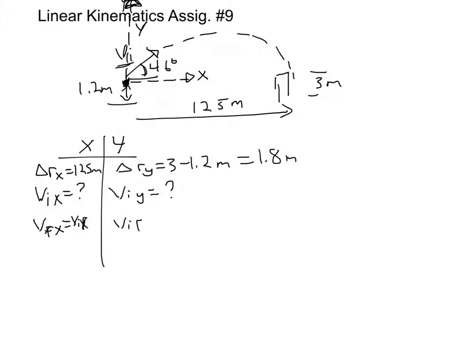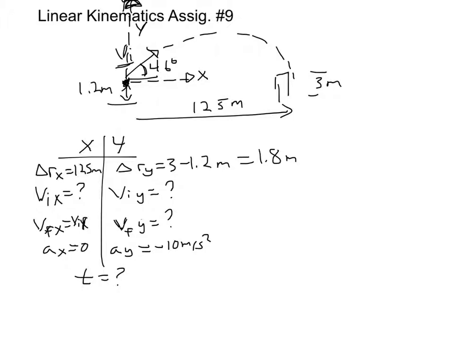The final velocity in the y direction is also unknown. We're assuming that there's no air resistance, so the acceleration in the x direction is equal to 0. And for simplicity's sake, we'll say that the acceleration in the y direction is equal to negative 10 meters per second squared. Additionally, we are uncertain at this time of how long the ball is in the air, so time is also unknown.